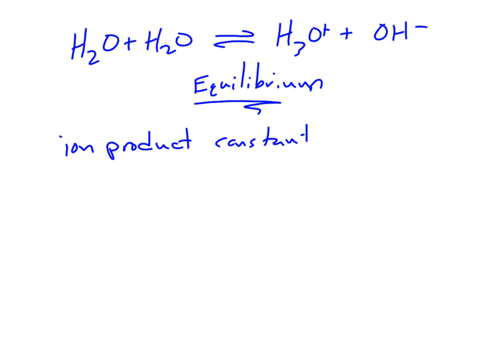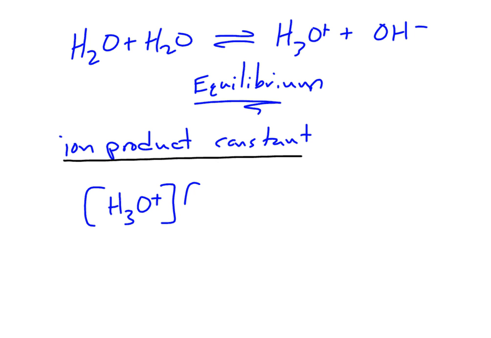This is an important idea in equilibrium because it allows us to quantify equilibrium a little bit. In the case of water, what this means is that at any given time, if I take the concentration of the hydronium ion and multiply it times the concentration of the hydroxide ion, that product is equal to a constant.